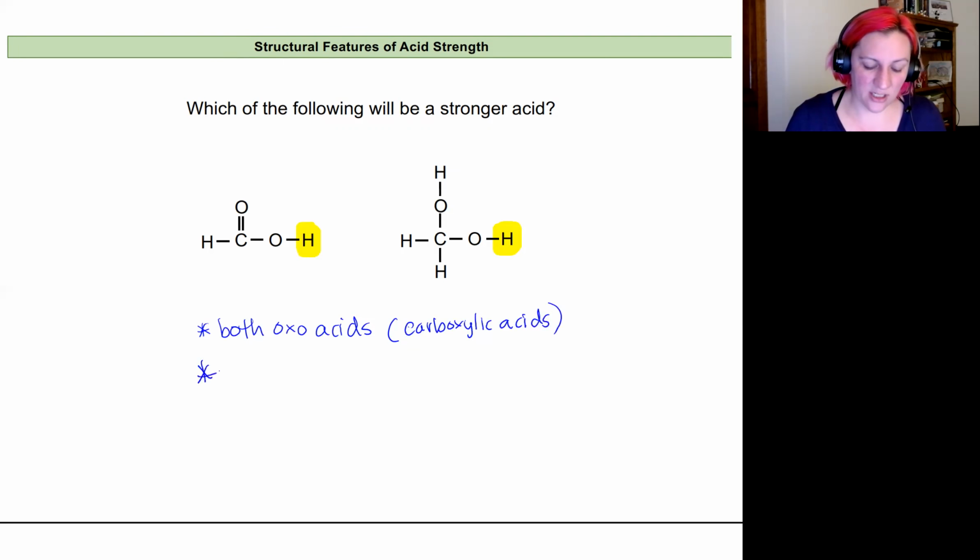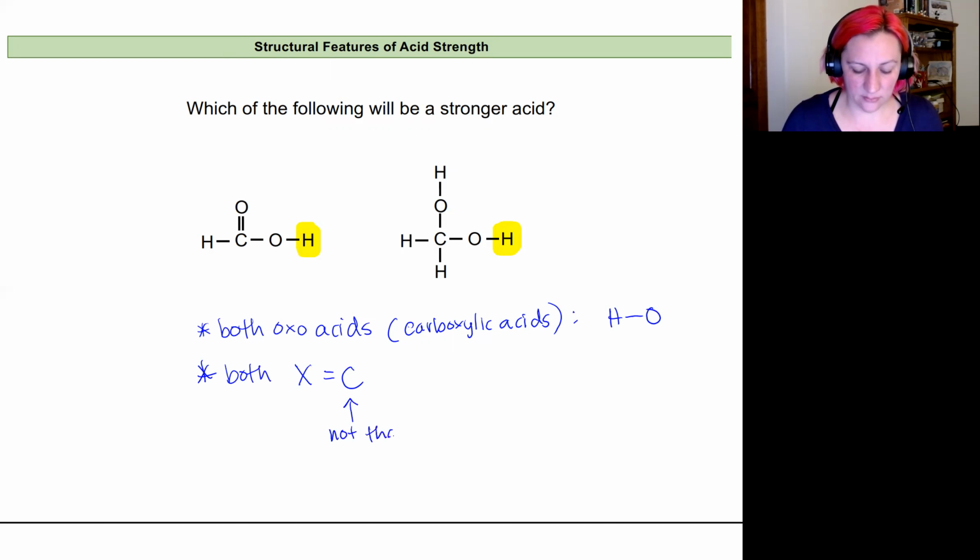So that hydrogen is bonded to an oxygen in both cases. They also both have X equal to carbon, right? And carbon is not that electronegative. So there's nothing different about this yet, right?